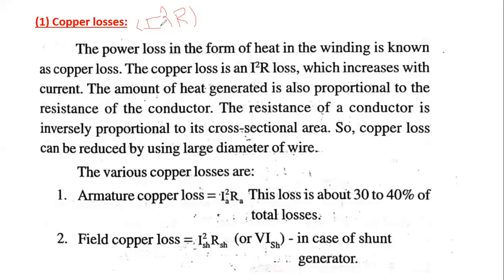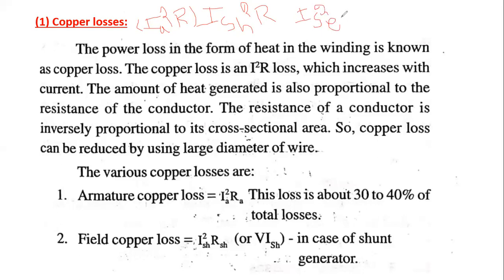Armature copper losses means Ia square Ra, shunt field copper losses means Ish square into Rsh, and series field copper losses means Isc square into Rsc.